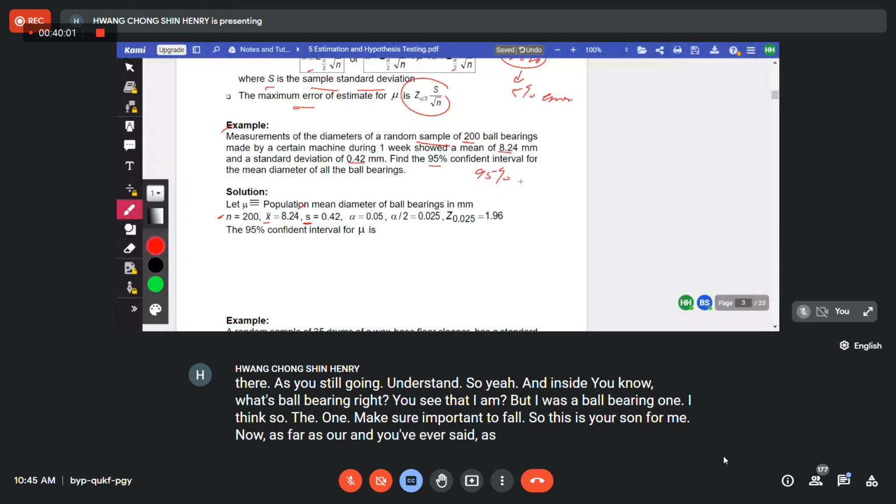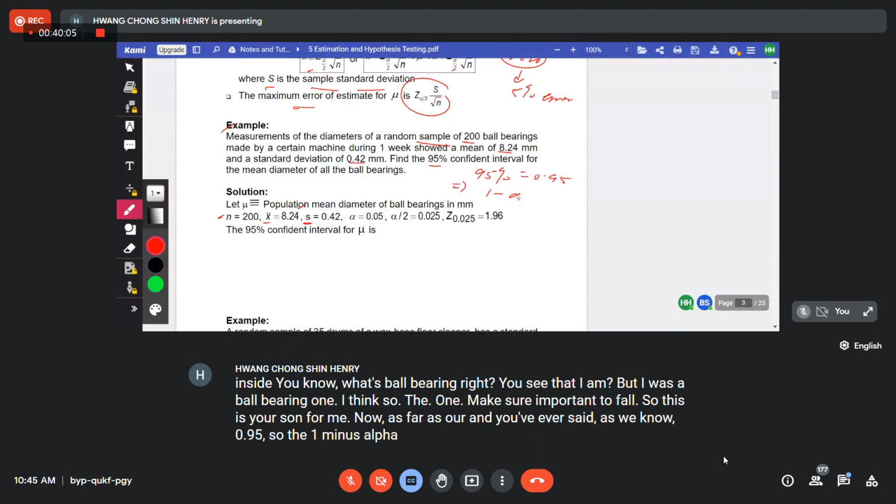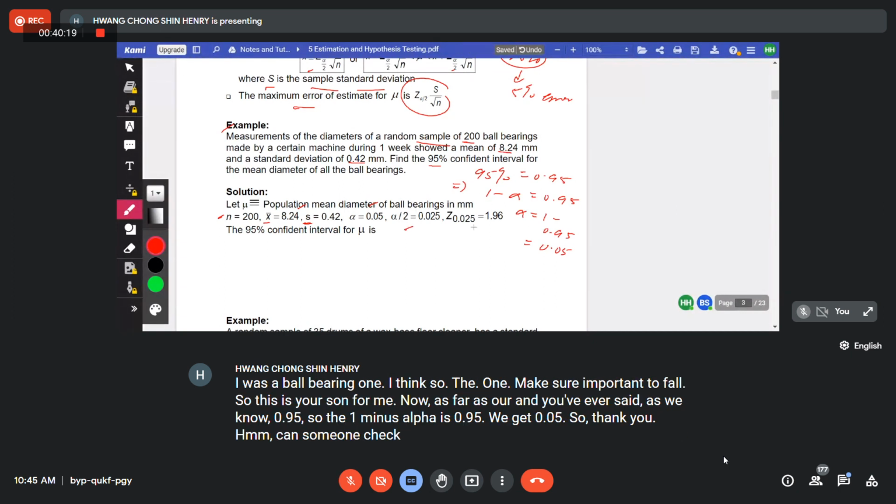There was alpha: 95%, as we know, 0.95. So 1 minus alpha is 0.95, so alpha is 0.05, divided by 2. Can someone double check table 2? Is it 1.96? Zero point zero two five, divided by 2.